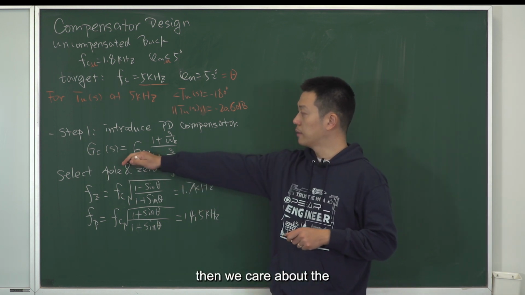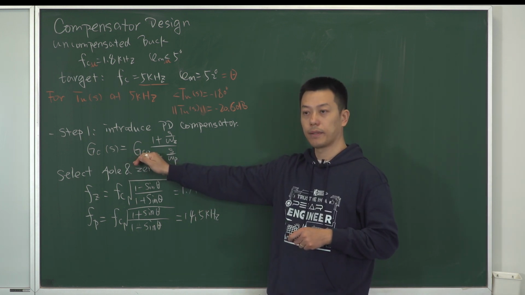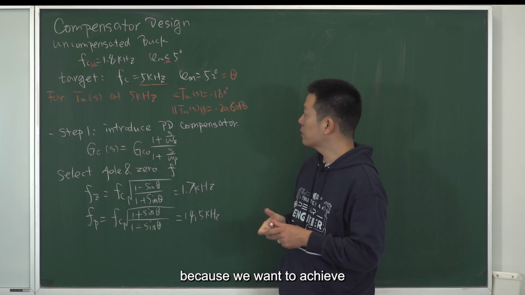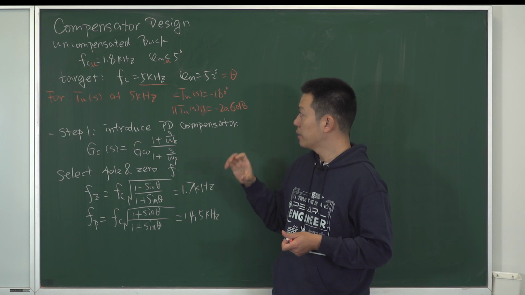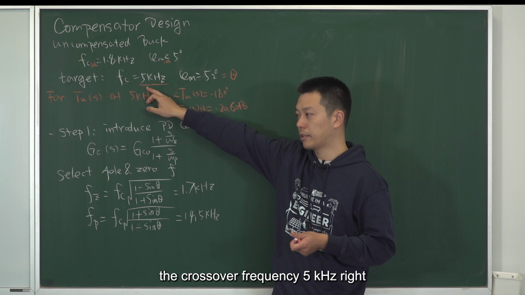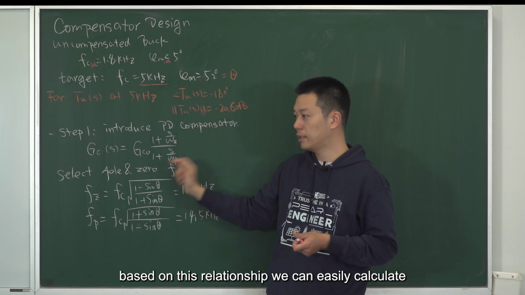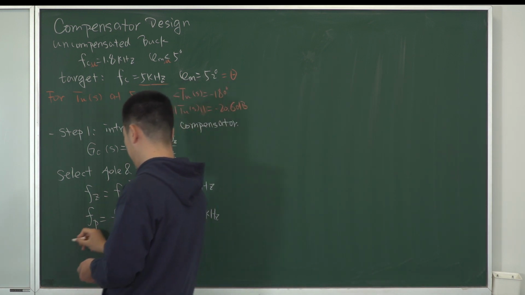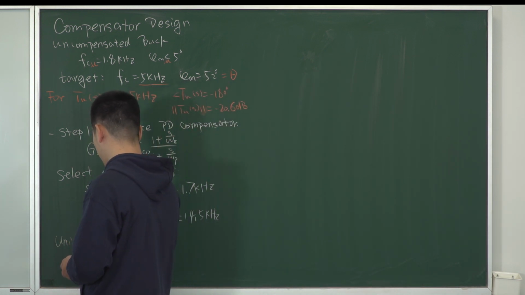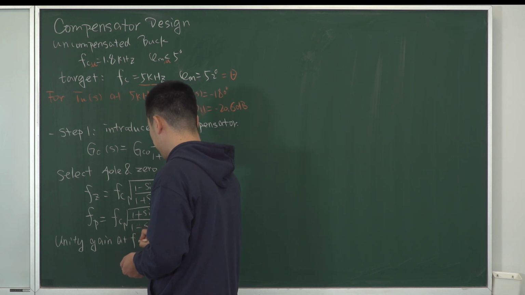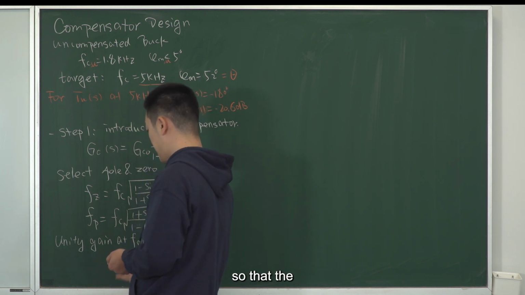Then we care about the DC gain, the low frequency gain, because we want to achieve unity gain at the crossover frequency, 5 kHz. Based on this relationship, we can easily calculate GC0.